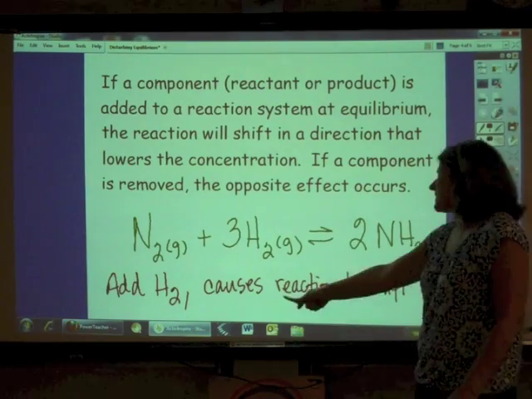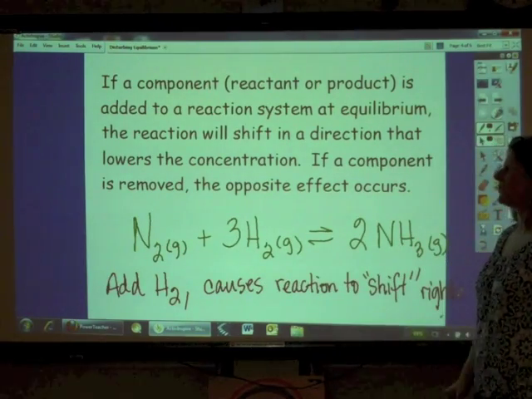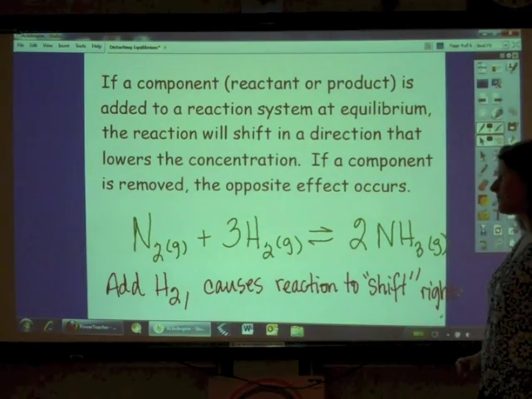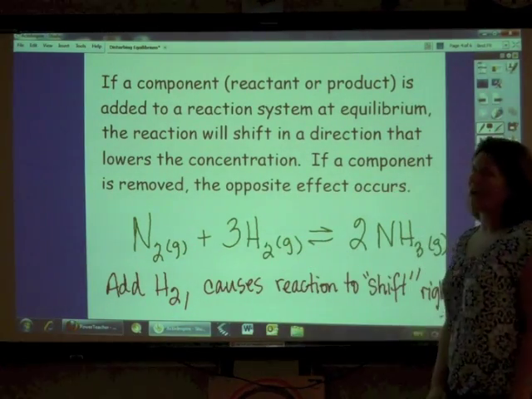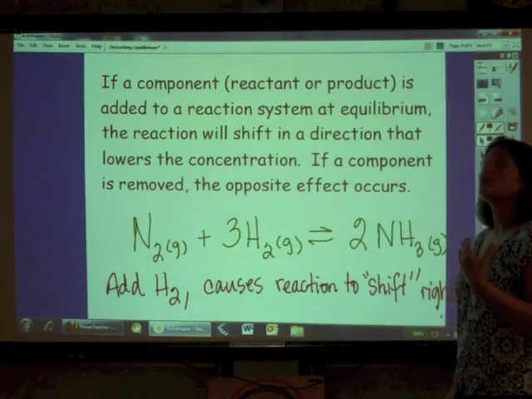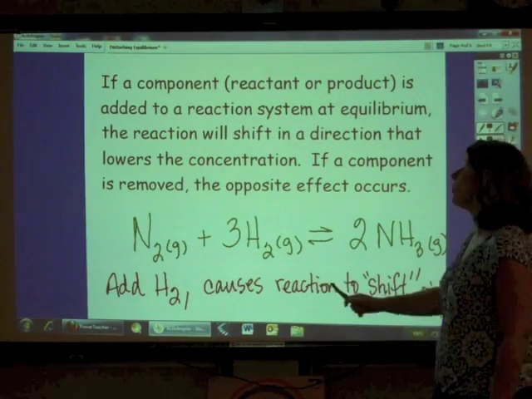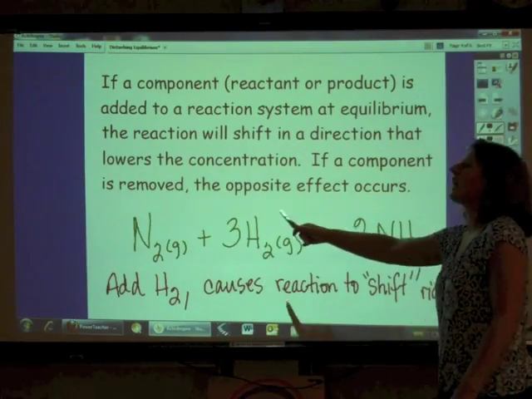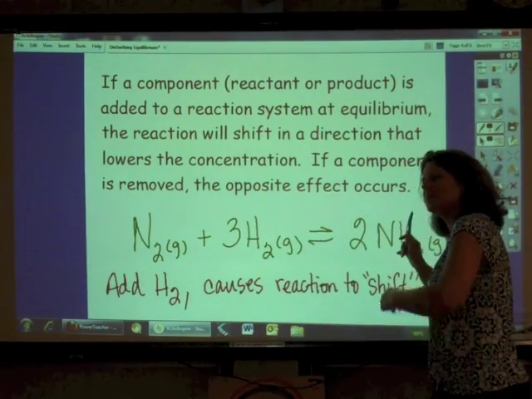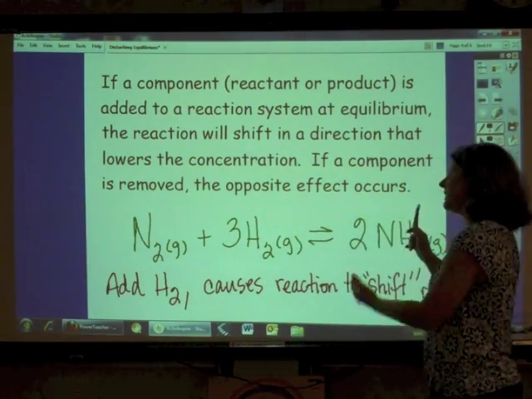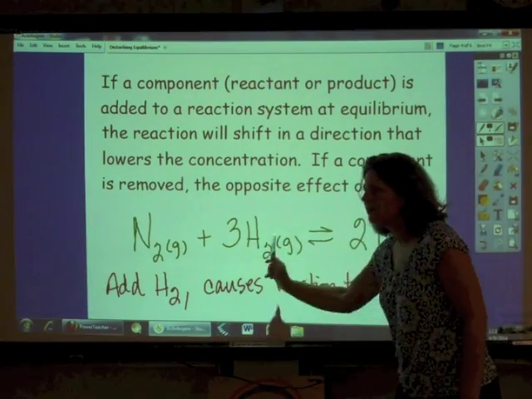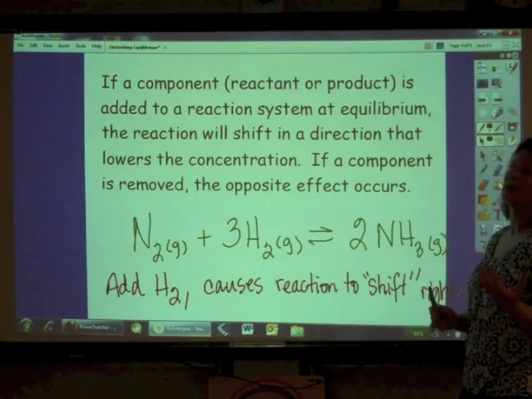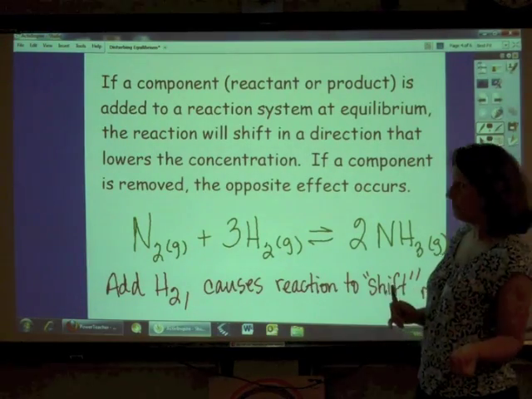So when we say that it's causing the reaction to shift right, that means that momentarily the forward reaction rate is going to be greater. We can't ever do anything to actually change the rate unless we are changing temperature.